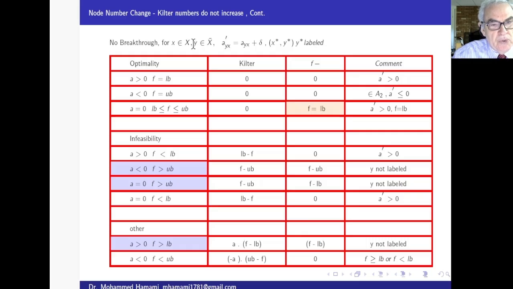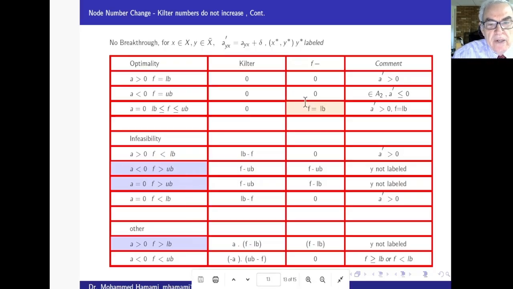So we wanted to decrease the flow, right? And obviously, for example, in this state, A negative, F bigger than upper bound, I would have been able to decrease the flow, but I couldn't. The flow change process failed. That means I could not label y. So that's why it's blue. So my yx arc is not in this state, or this state.